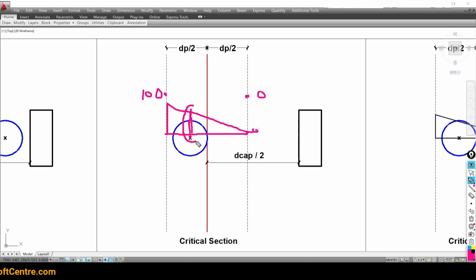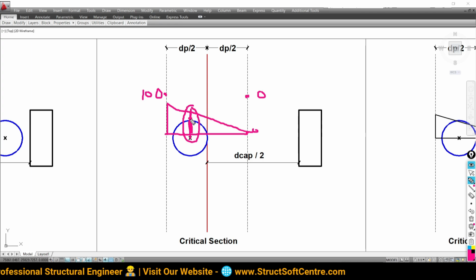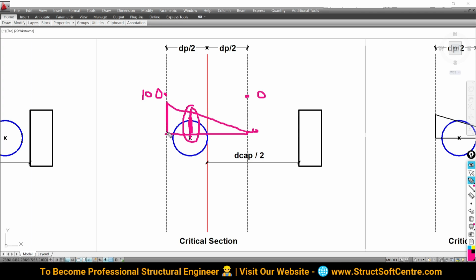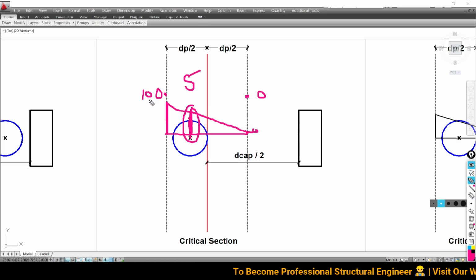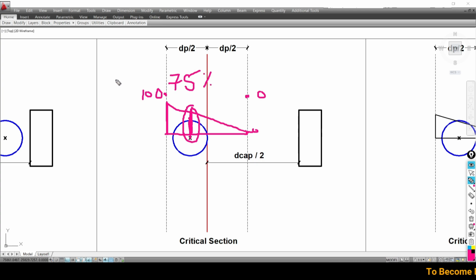So this will be your considered percentage of reaction. Whatever height you get here is considered as 100%. So if one end is 0 and the other is 100, and it comes out to be 75, then you have to consider 75% of whatever reaction is carried by this pile.